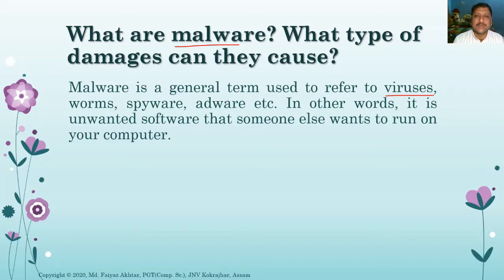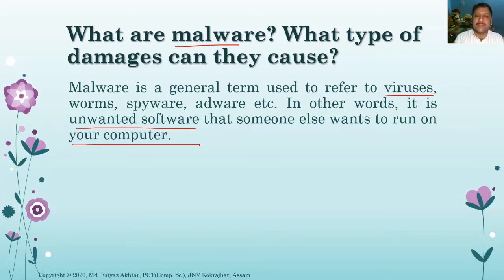In other words, it is unwanted software that someone else wants to run on your computer. Malware is software or programs developed by some other person, who wants to run them on your computer, and they damage your computer and get your information.